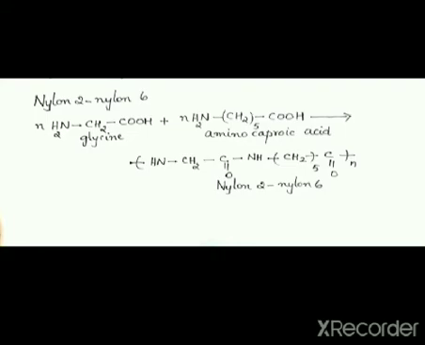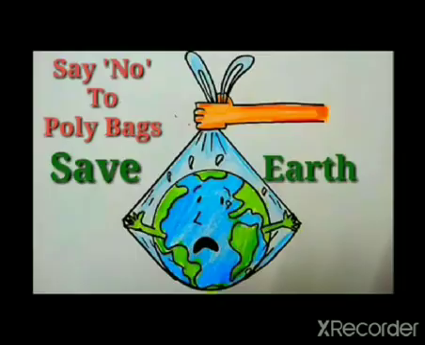The polymer is obtained by the interaction of the NH2 group of one molecule with the COOH group of the other molecule. As a result, CONH bonds will be formed. Hence, nylon 2, nylon 6 can be considered as a polyamide. It is a biodegradable polyamide.